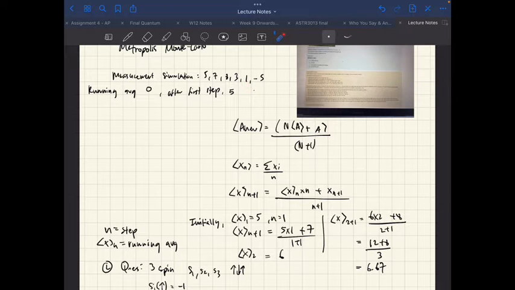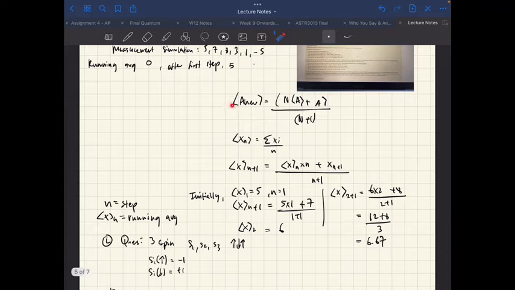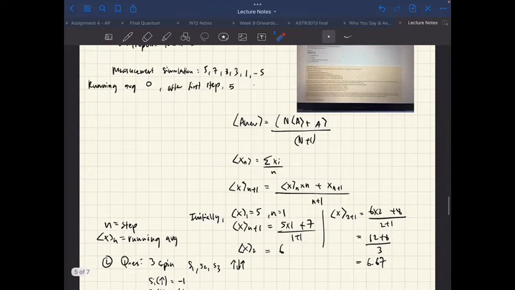The way that we do it is by figuring out what the formula is. This is the formula, which we can translate to this one right here. We are given the first-step running average, which is 5, at n equal to 1, meaning the number of steps that we have already taken.